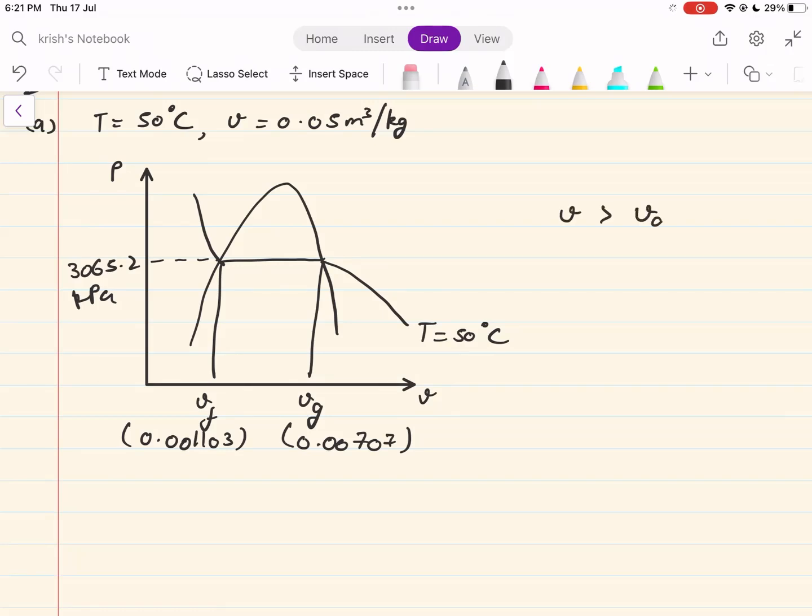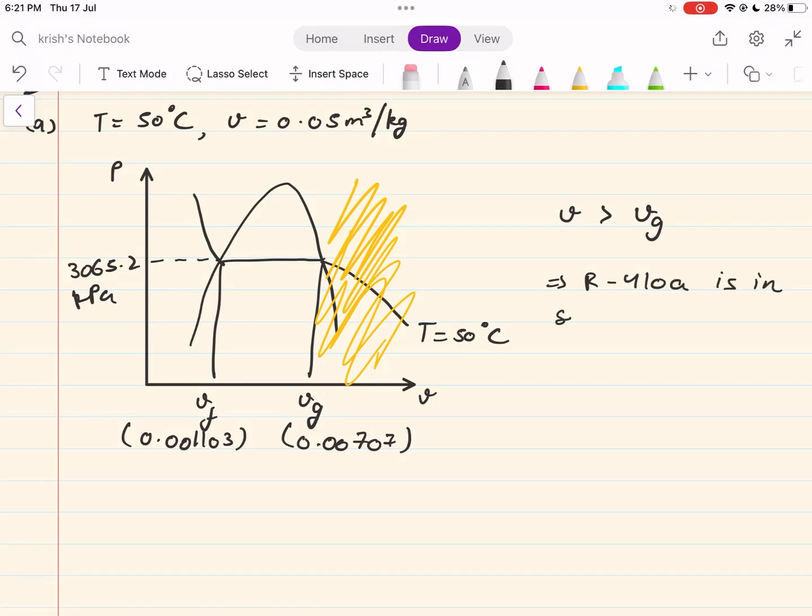Clearly, our V given is greater than Vg, which means it lies somewhere in this region, which is the superheated region, which implies it is in superheated phase.